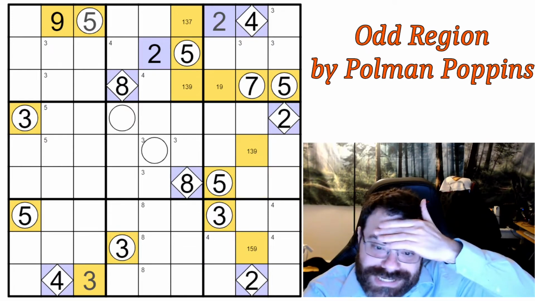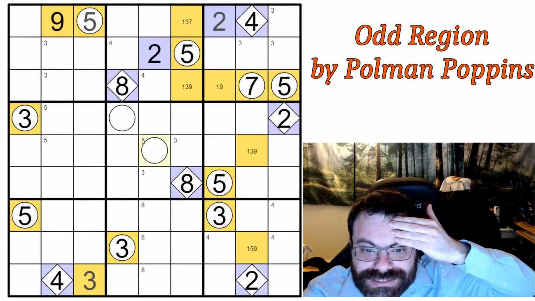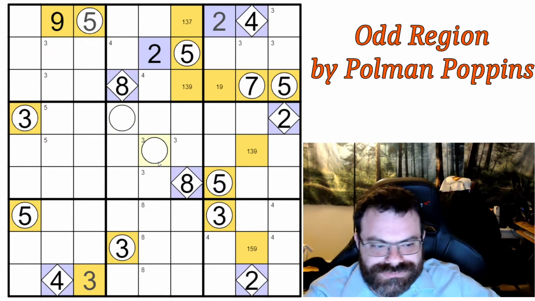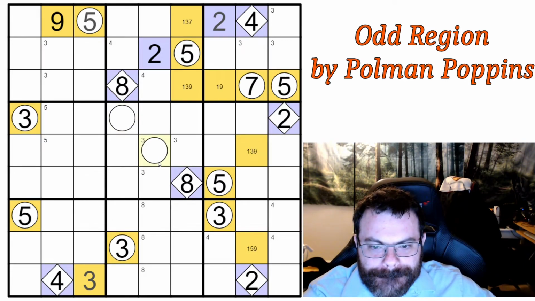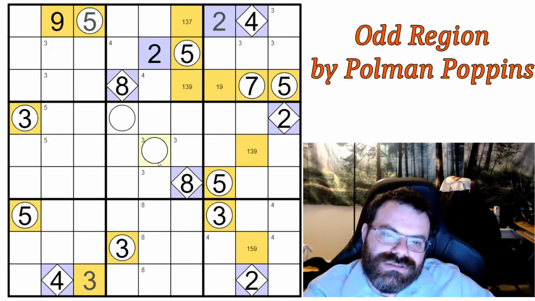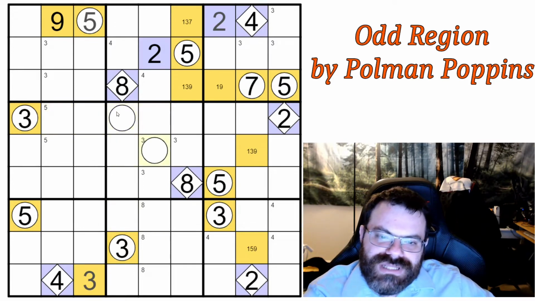That's what's so frustrating about this. Do I need to use these circles? I don't see how. They're not even limited, they could be a 9.